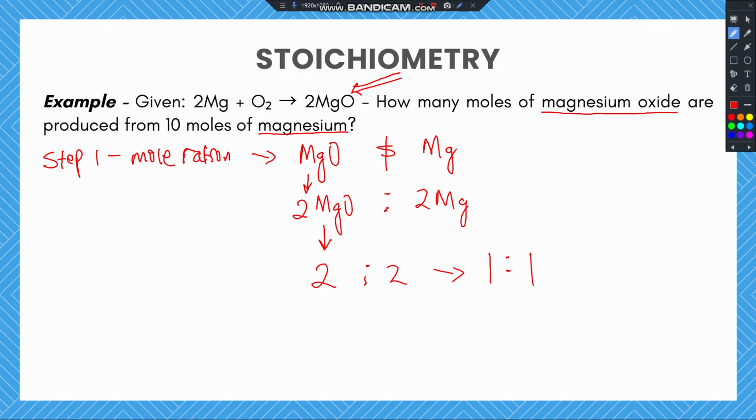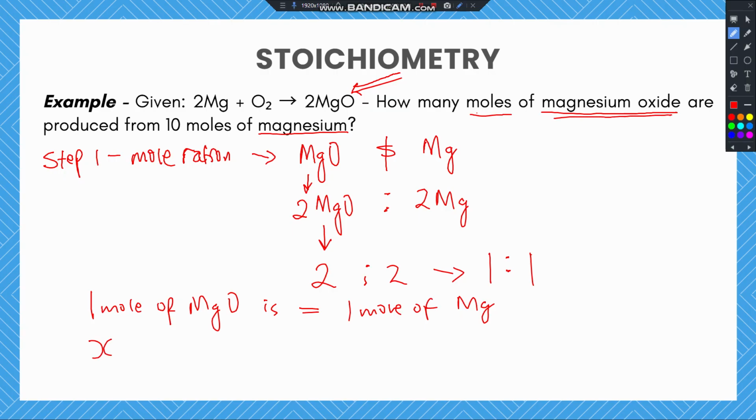So in simple English, this means 1 mole of magnesium oxide, MgO, is produced by 1 mole of magnesium.